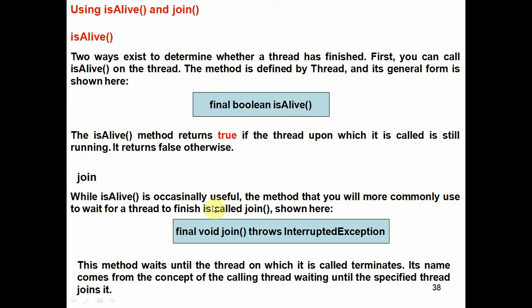If a particular thread wants to wait some time to finish the execution of some other thread, the thread needs to execute the method called join.